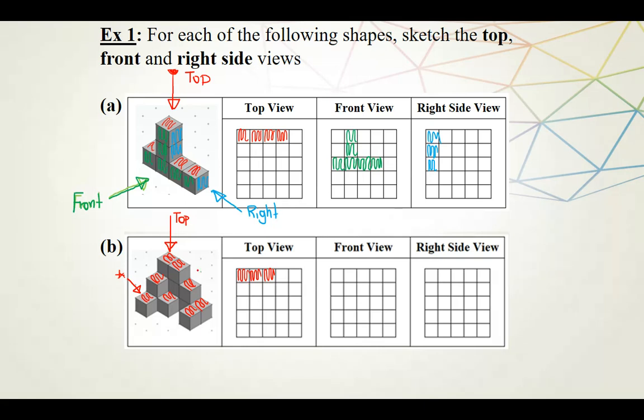Actually, my bad. If you're looking at it like this, you want to have your length across this side. So your length should be on this side, and this side is your width. So actually, let's erase this. My bad.